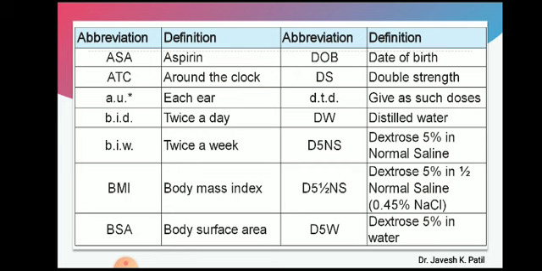So what it is, it is dextrose if it is 5. Okay, D5NS, dextrose 5% normal saline. Similarly, D5 half NS, that is 5 half normal saline. Then dextrose in water, not normal saline, D5W.